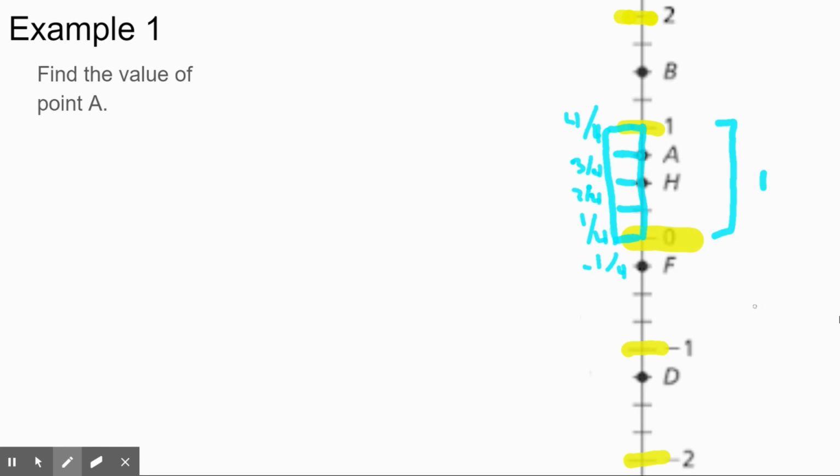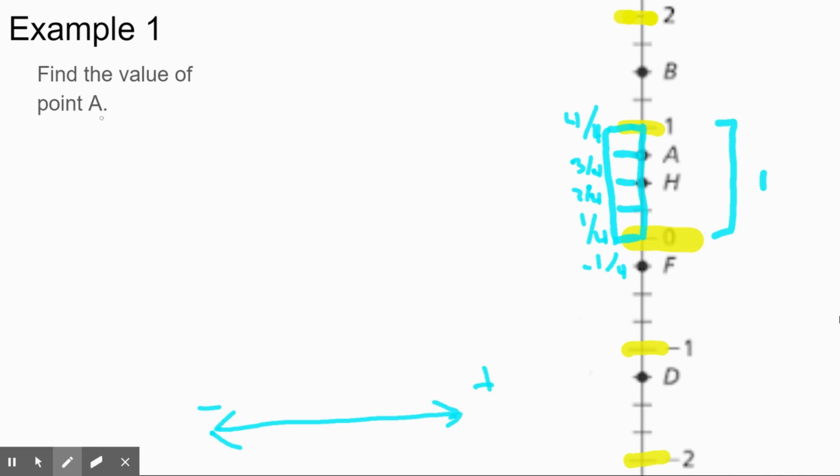Sometimes you won't even have lines in between. But this is the basic idea. Additionally, remember that some number lines are vertical, like this one. Some of them are going to be horizontal. Doesn't matter. Same ideas apply. Remember that this is the negative end, this is the positive end.